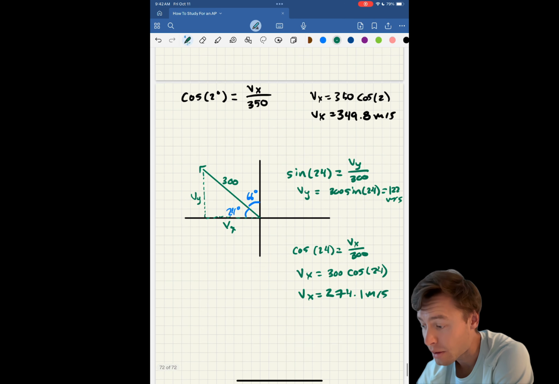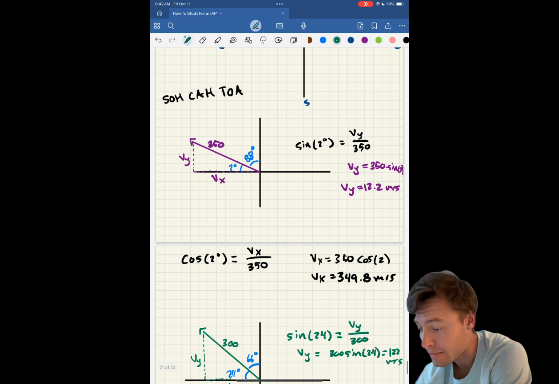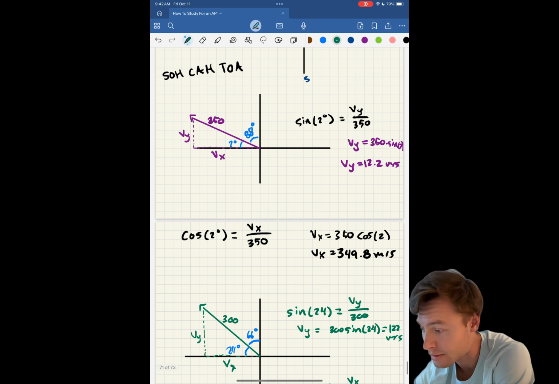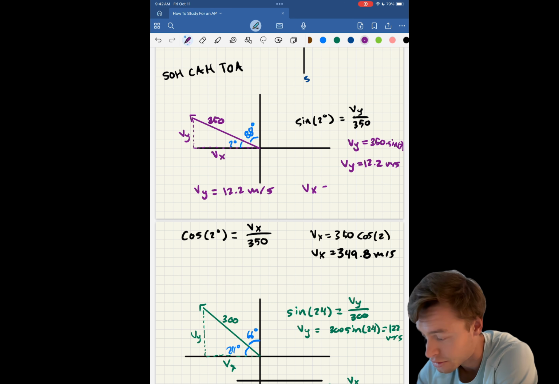So let's look at what's happening. Originally, we're going from a vertical trajectory of 12.2 meters per second and a horizontal trajectory of 349.8 meters per second.